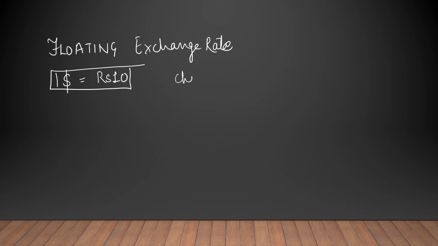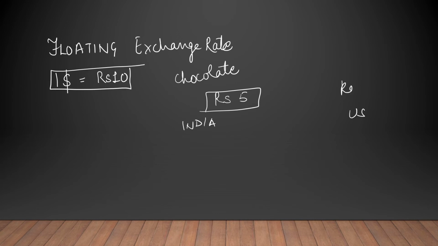And we are talking about the same chocolate. The chocolate is rupees 5 in India, and in the US it is $1. Trade would be from India to the USA. This trade would be possible from India to the USA until the chocolate price increases. But if the chocolate price increases, this trade would stop.